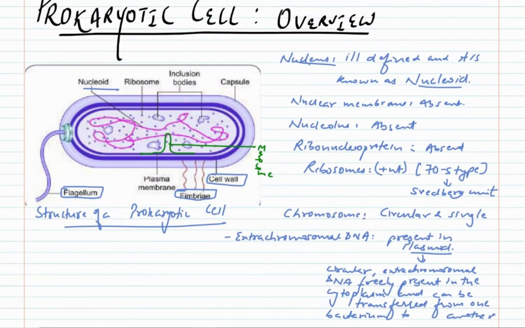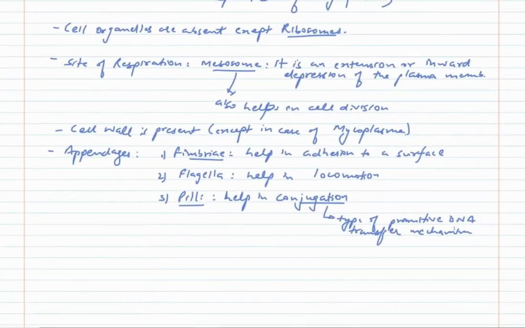Now the prokaryotic cell sometimes also shows the presence of a tough layer called the capsule. It may be present or it may be absent.